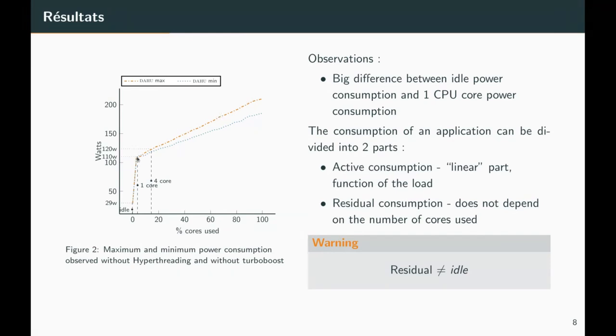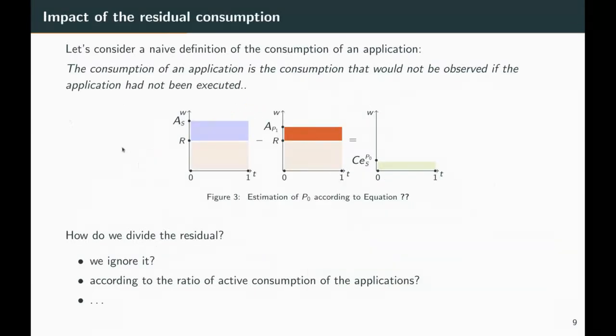So there's this part in light orange, which is just the energy consumed by the CPU to wake up, and here the blue, the red and the green part is just the energy consumption that depends on the load. So the more things you do on the server, the higher it will be.